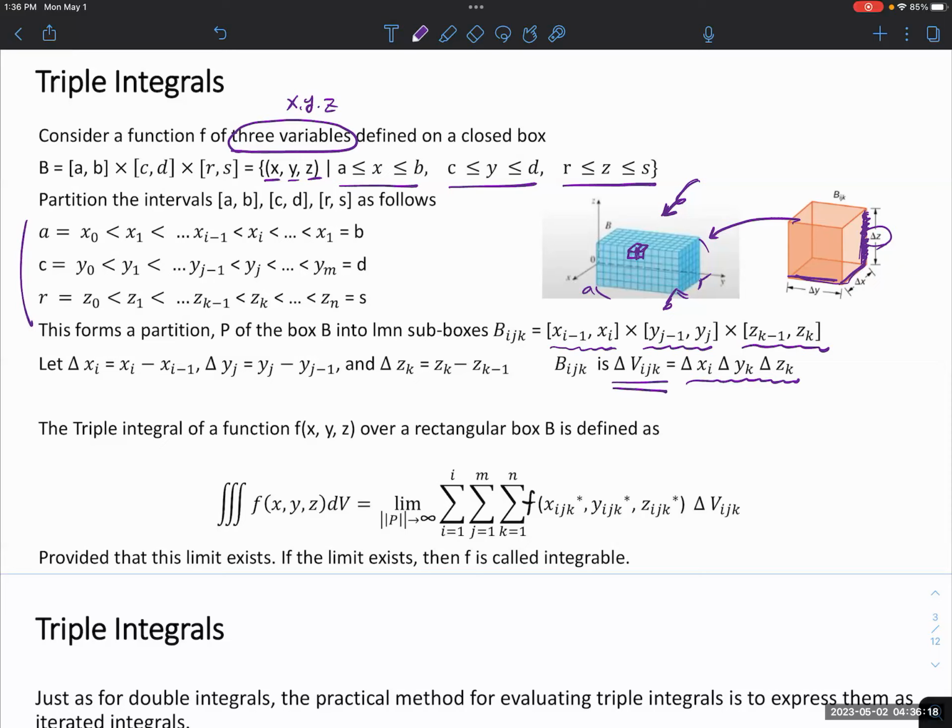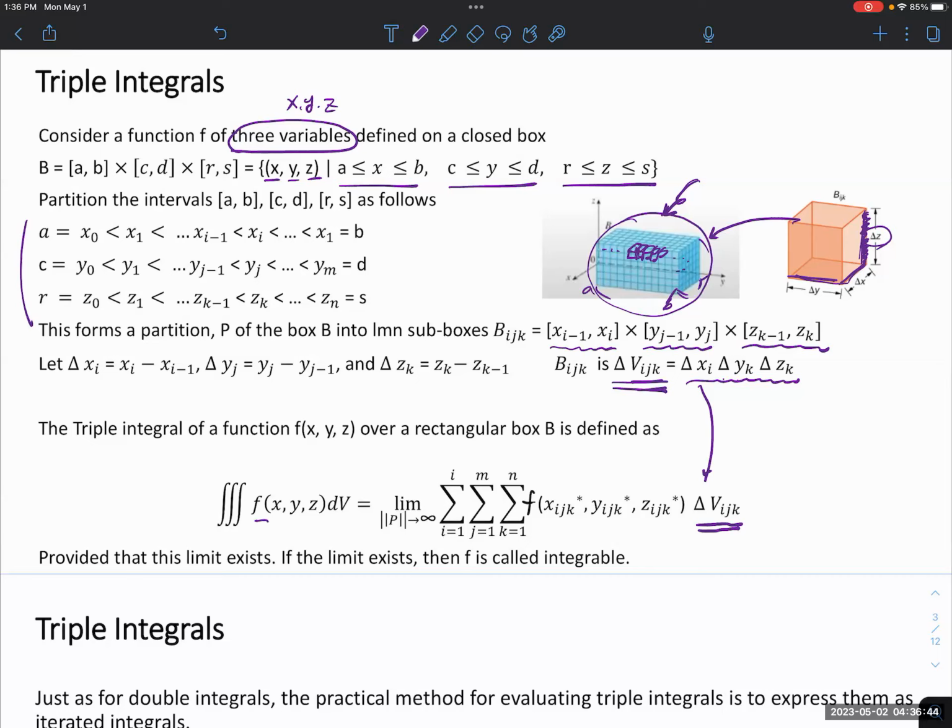Mathematically, the volume ijk means you multiply the three different variable partitions. That's going to be in the Riemann sum at the end. That partition equals the volume of the cube. We assume we have many same-size cubes, and adding all of them covers the entire volume. That's what we are doing.